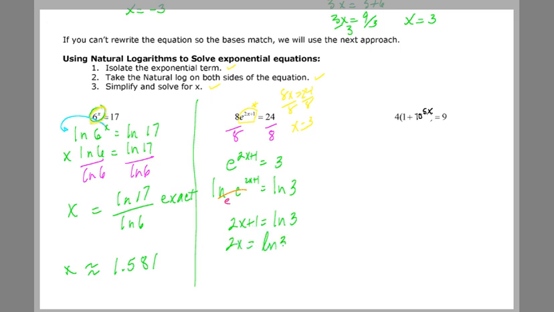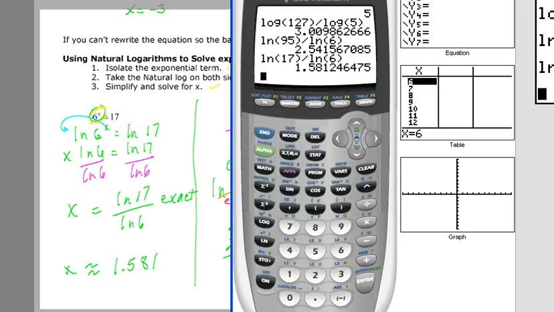So it'll be ln 3 minus 1 and then divide by 2. So the exact answer in terms of logarithms, in terms of the natural log, would look like this. If I went to my calculator, I could get a decimal approximation of (ln 3 minus 1) over 2.